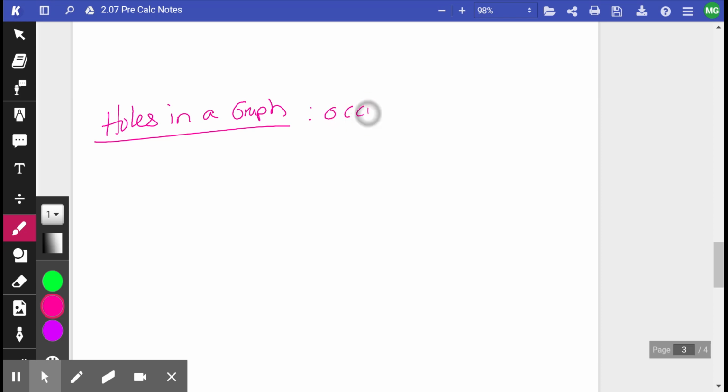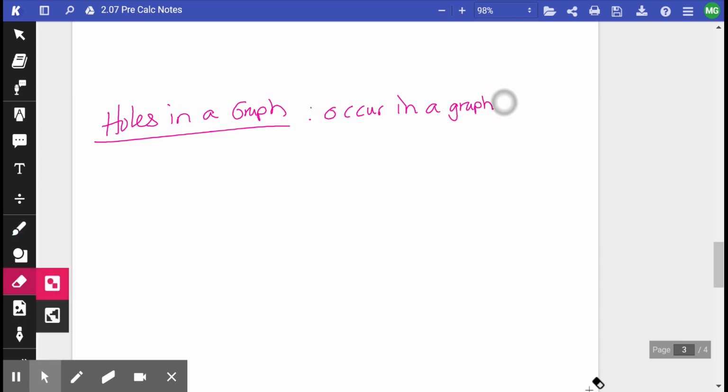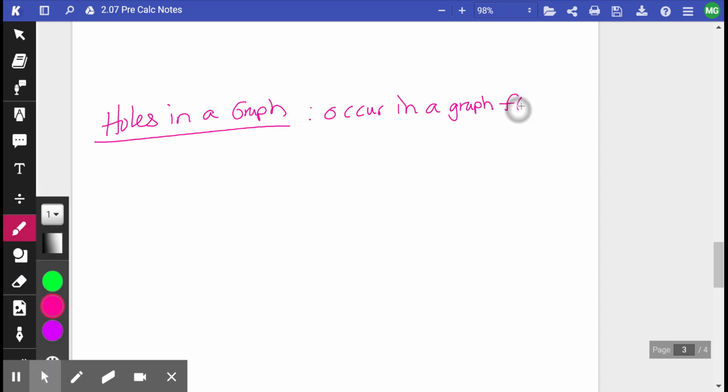So holes occur in a graph f of x if that graph has the same factor in both the numerator and the denominator.